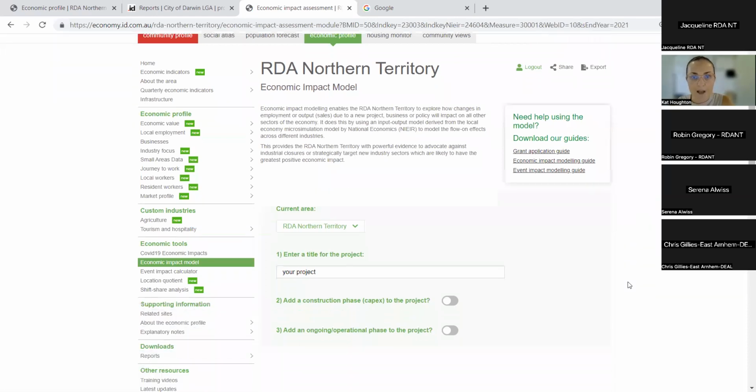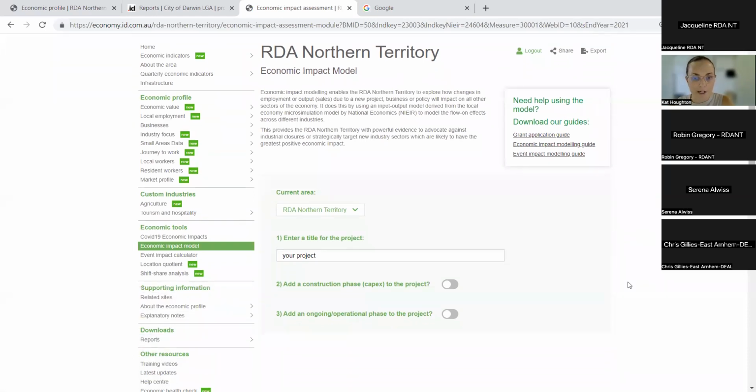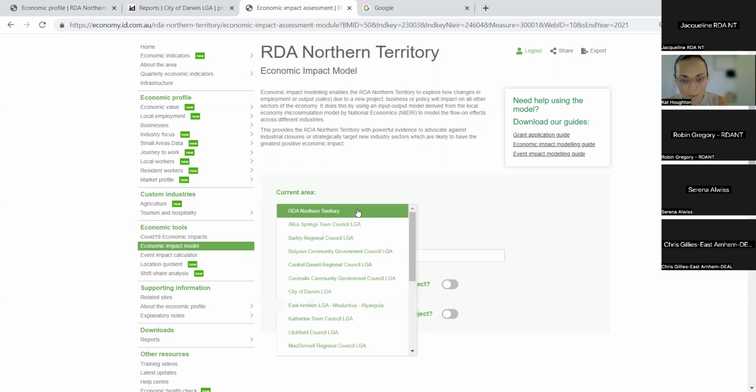Okay, awesome. So guys, we know we've got the Growing Regions Fund coming up, and often they will ask you for an economic impact assessment as part of that application process. When you come on here, you might have to ask Jack for the password from RDA, so they will provide you with the details, and then what you will do is you'll come on here and you'll find your council area.